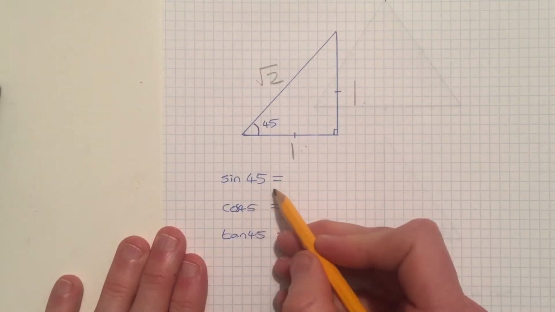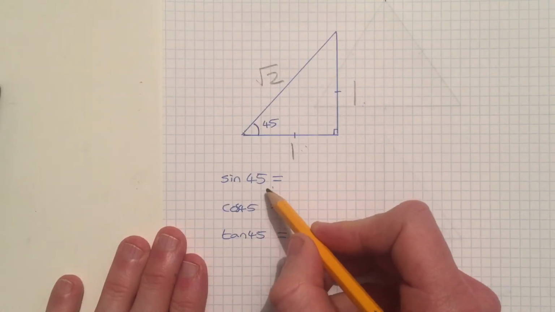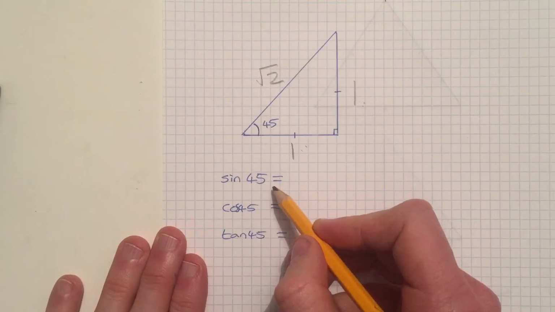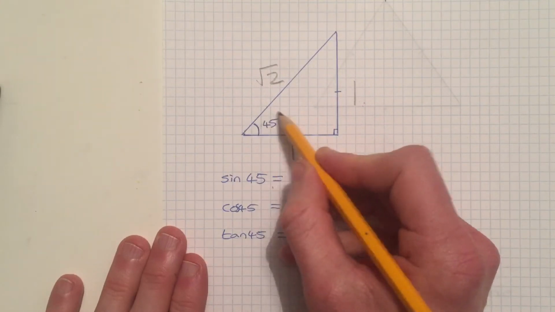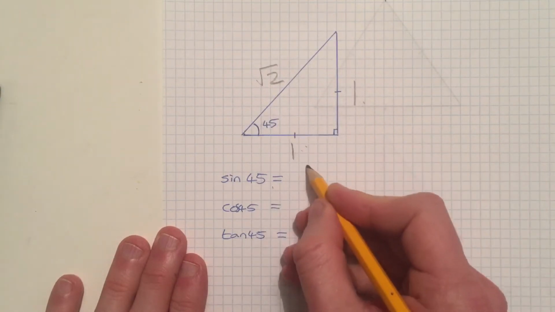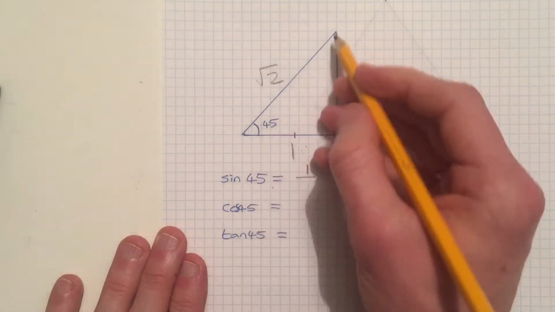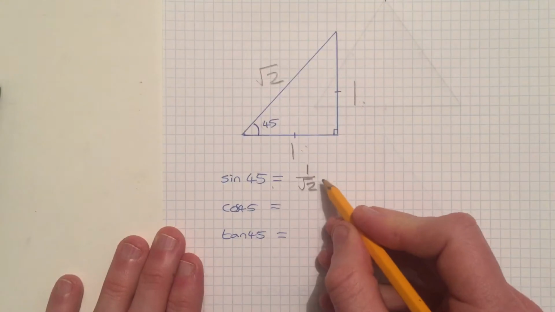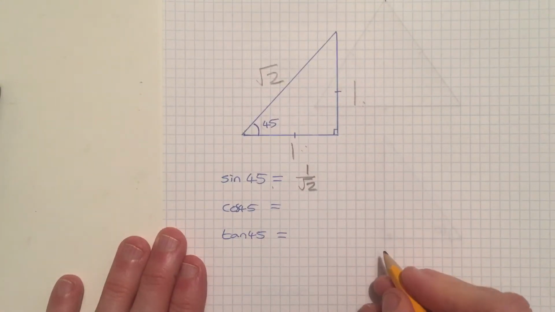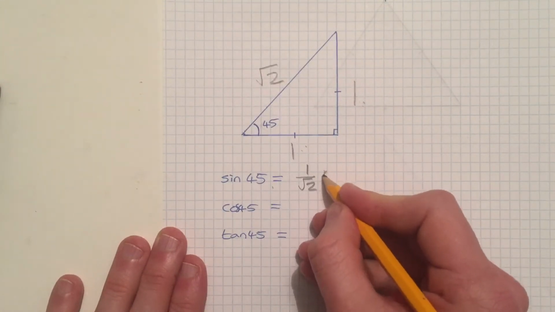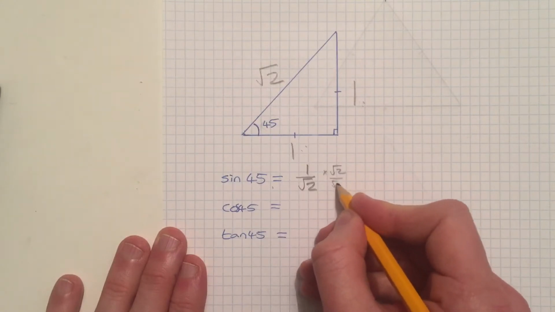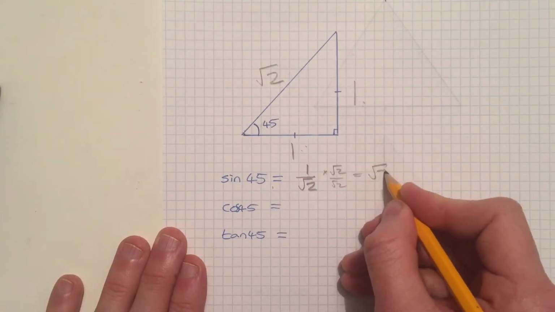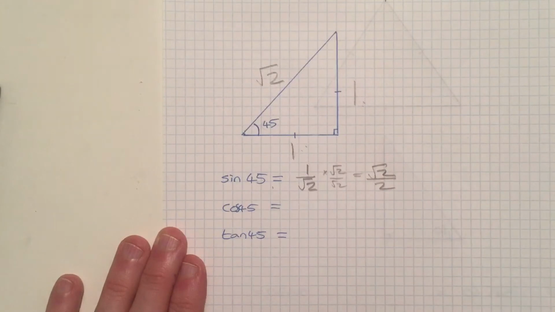Right, sine 45. Sine is the opposite divided by the hypotenuse. The opposite of this angle is 1. The hypotenuse of this triangle is root 2. So sine 45 is 1 over root 2, which if we rationalise that, if we times top and bottom by root 2, we get root 2 over 2.